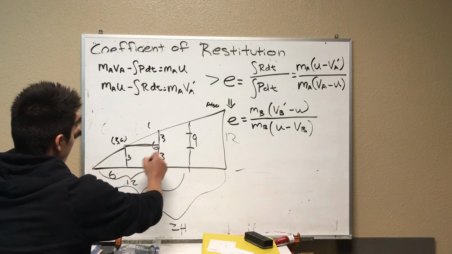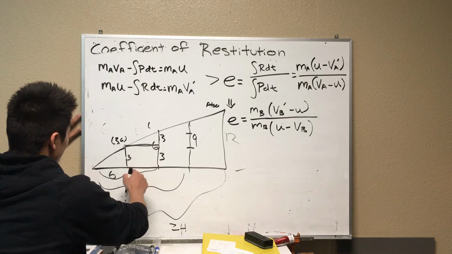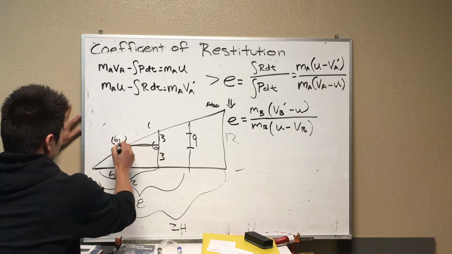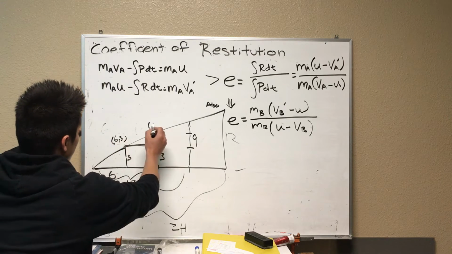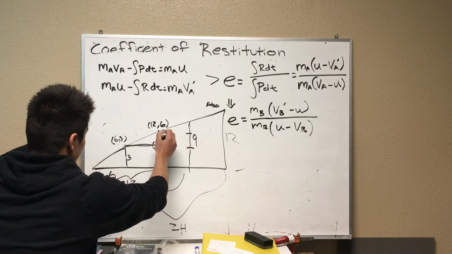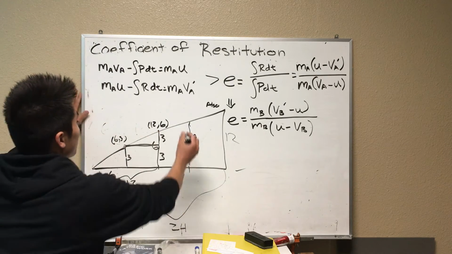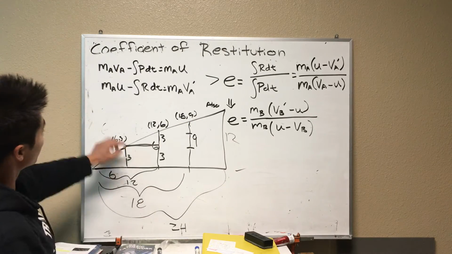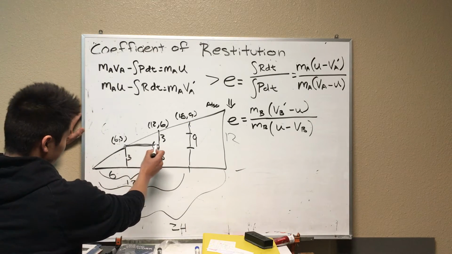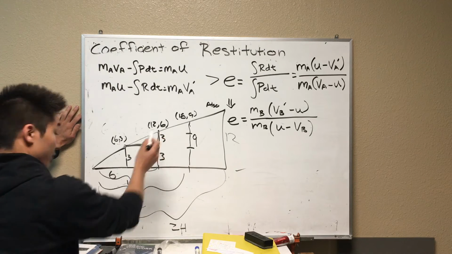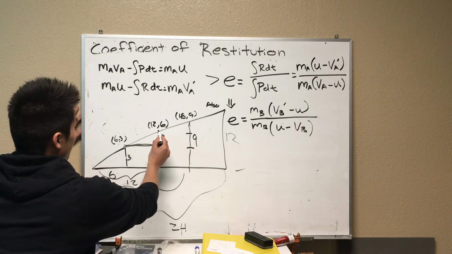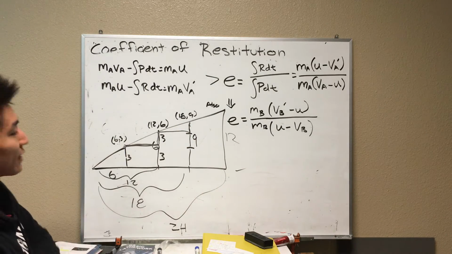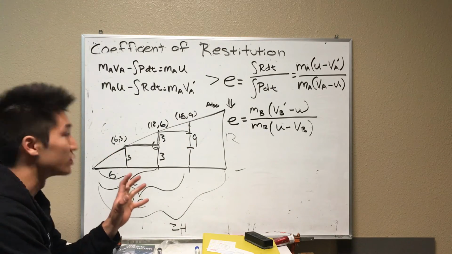Oh sorry, I did that wrong. 6, 3, and then this one's going to be 12, 6. And then if we keep on going over here, we got 18 and 9. So we're going horizontally the same and vertically the same. Again, horizontally the same, vertically the same. So the slope is going to be constant, and that's why it's linearly proportional.